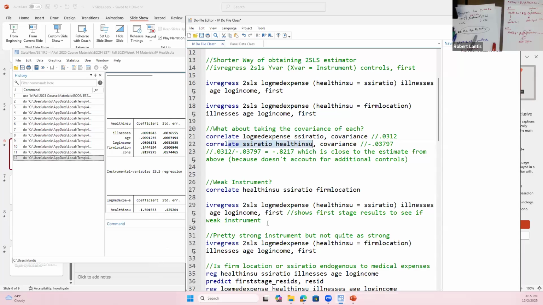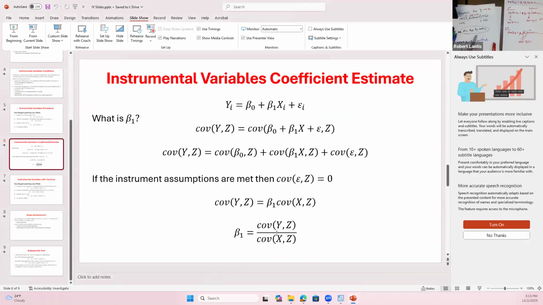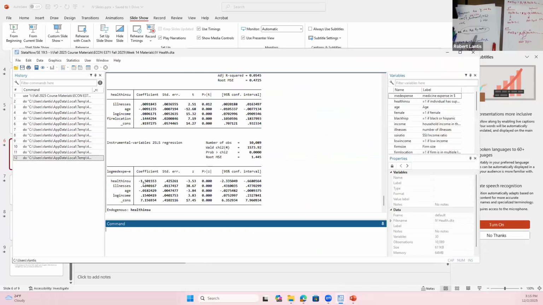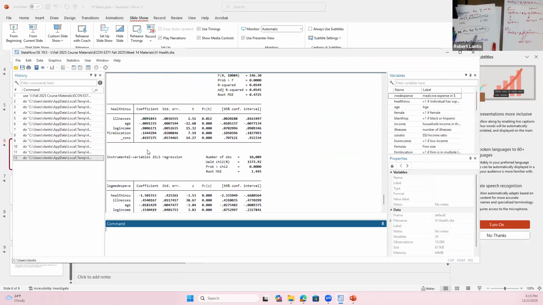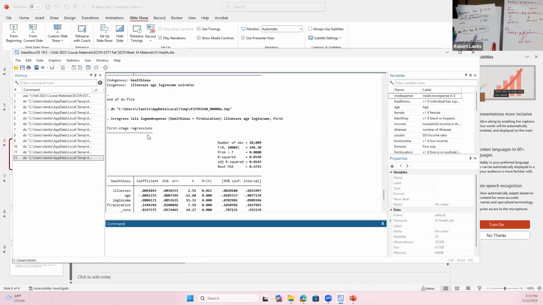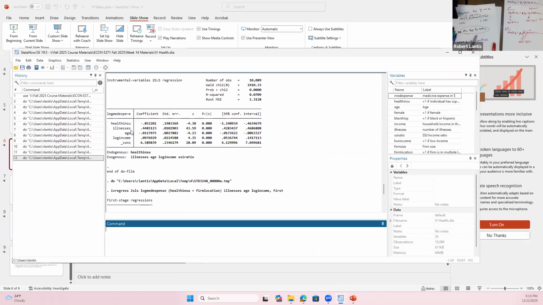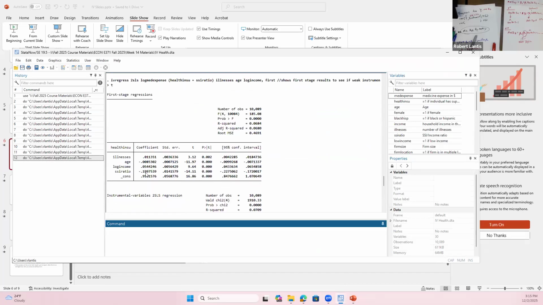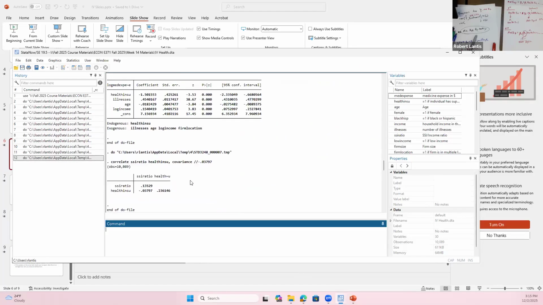The ratio of those two should give me that coefficient that I was seeing, which was, oh, where was that now? That was firm location, which should be about negative 199, right? Oh, no, it's not. I have to go all the way back.